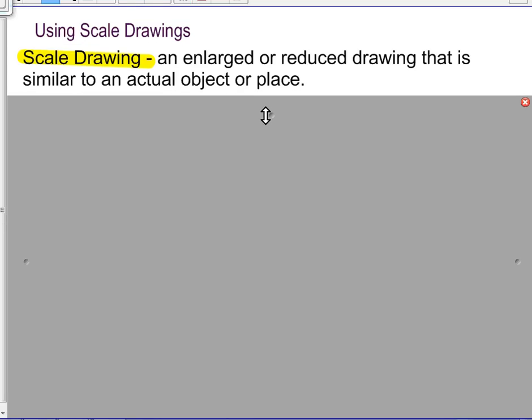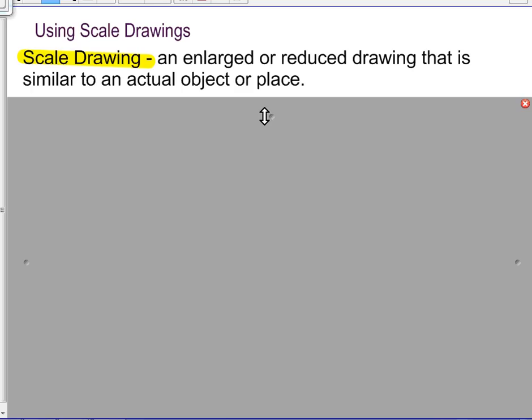All right, the last thing we're going to be talking about today is how to use scale drawings. Now, a scale drawing is an enlarged or reduced drawing that is similar to an actual object or place. For example, a map would be considered a scale drawing.